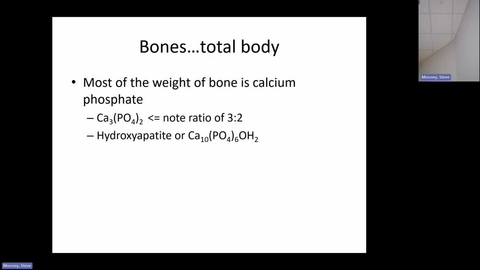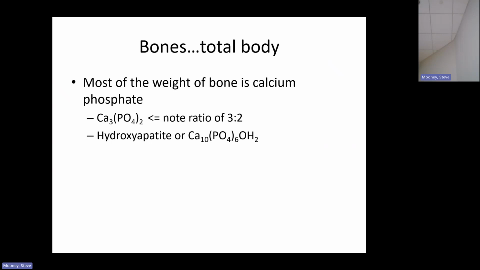Most of that is in the calcium hydroxyapatite form. We have a ratio of calcium to phosphorus of about 3:2. Anybody here in nutrition who balances rations usually has about twice as much calcium in the diet as phosphorus. That comes from this relationship right here.